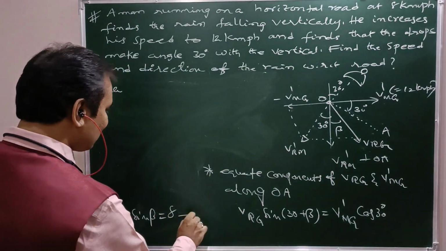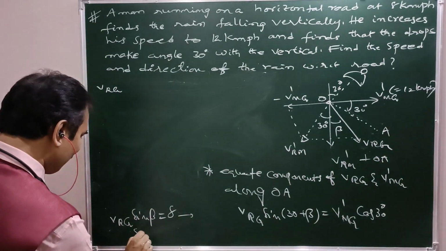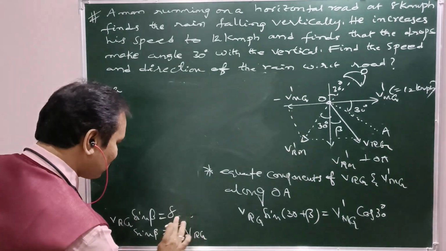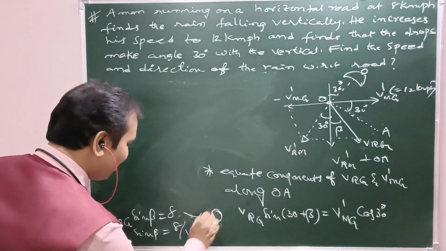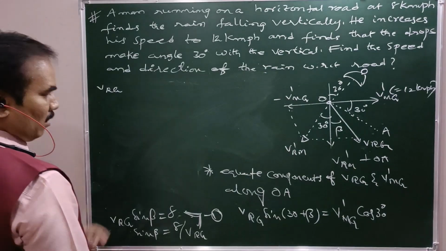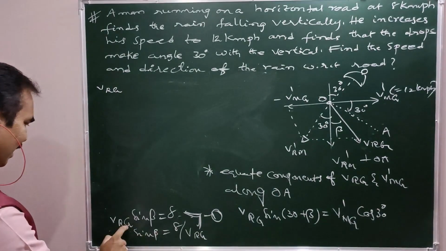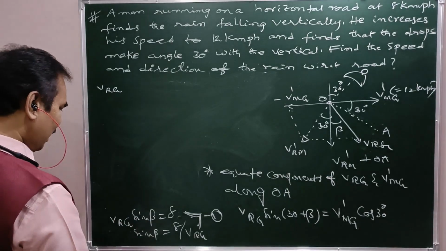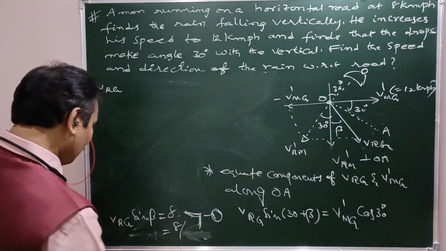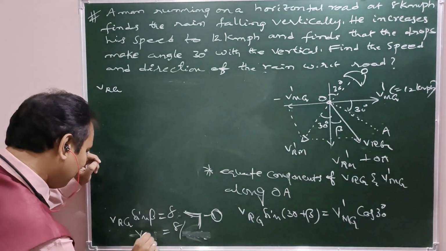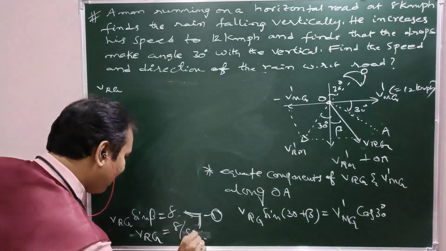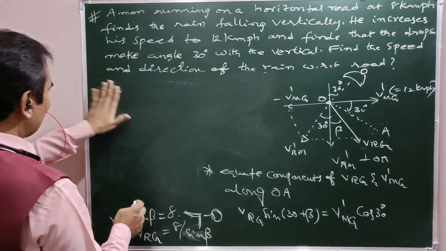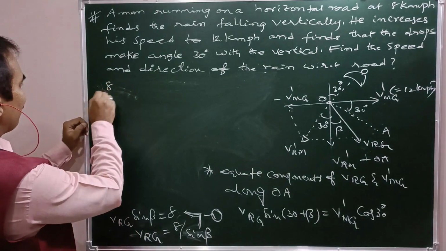VRG sin beta equal to 8, this is number 1. Otherwise, sin beta equal to 8 by VRG. Now VRG means 8 by sin beta. Sorry, VRG equal to 8 by sin beta.